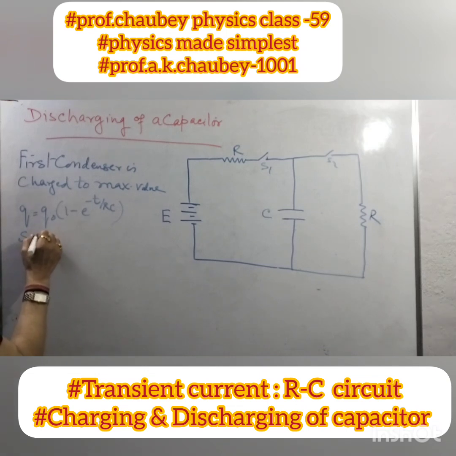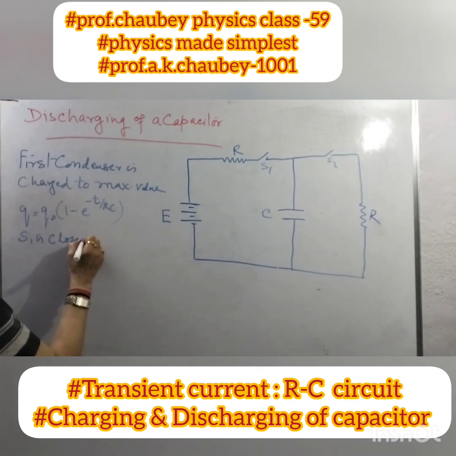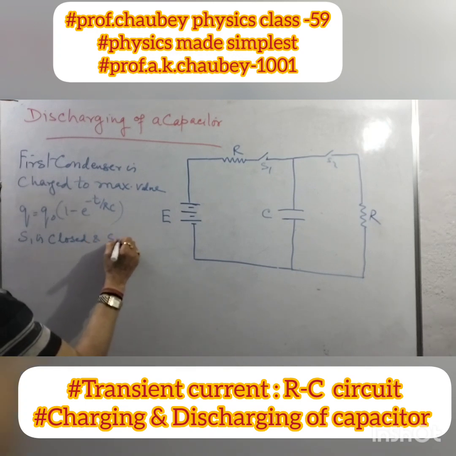First the condenser is charged to maximum value: S1 is closed and S2 is open.